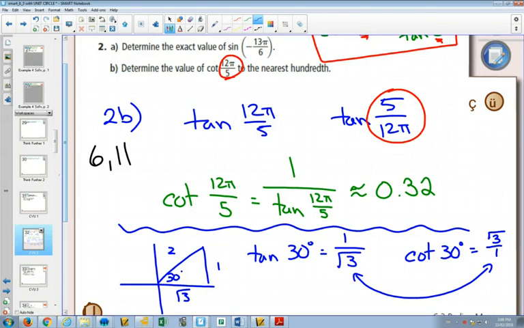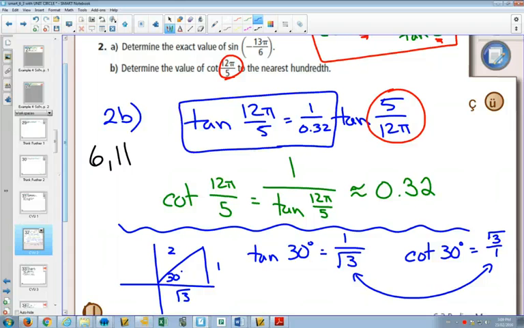In fact, if we checked what tan of 12 pi over 5 is, its answer will be 1 over 0.32. And what happens if I flip 1 over 0.32? I'm going to get 0.32 over 1.